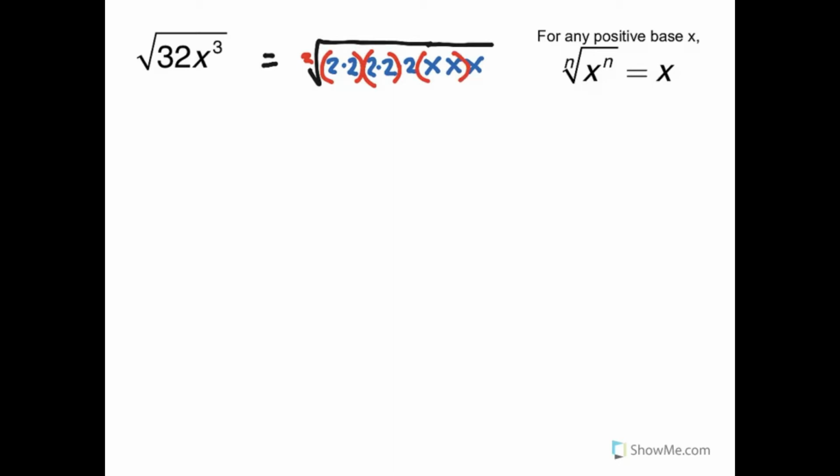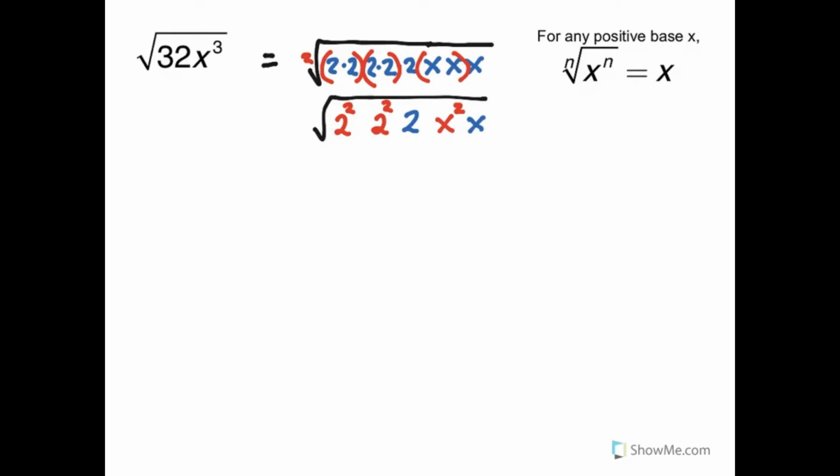And there they are. So if I rewrite that, a pair of 2's, 2 times 2 is 2 squared. Here's another 2 squared. And an x squared. And there's a plain factor of 2 and a factor of x that don't have a matching pair.